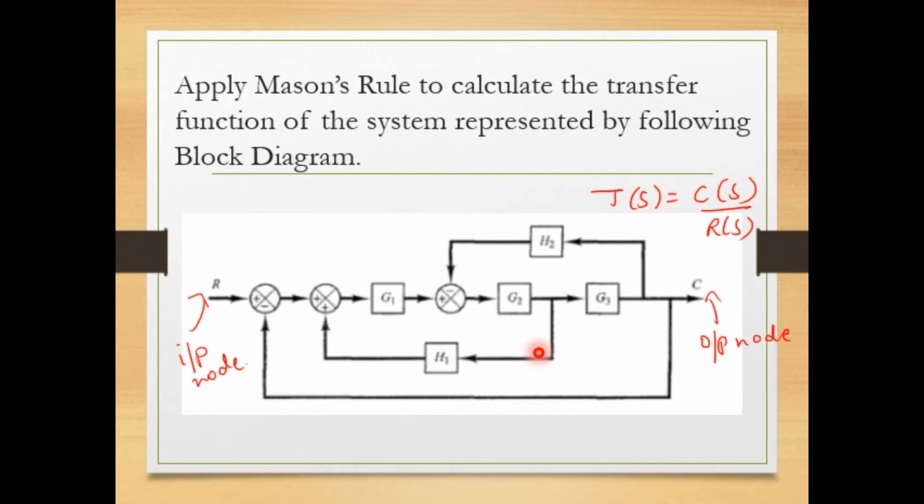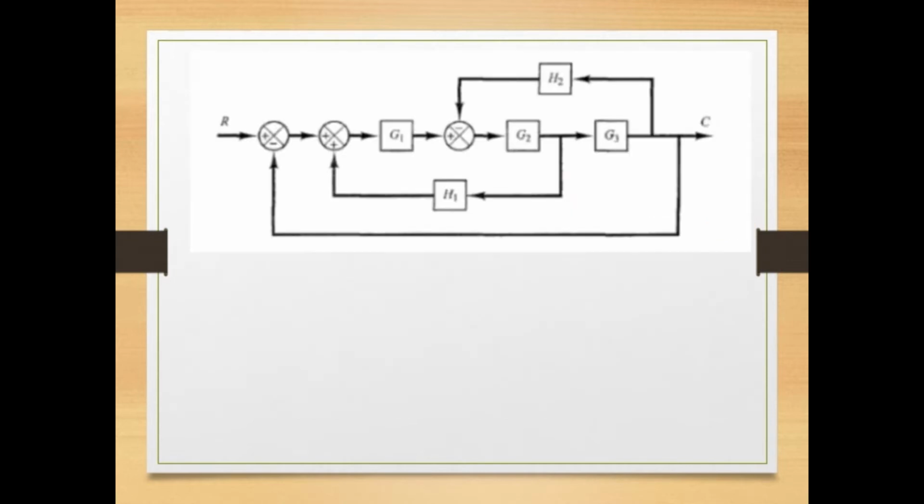So first we will draw the signal flow graph for this. I have taken this block diagram here. Now we'll construct the signal flow graph. We have the input node, which is R of S.